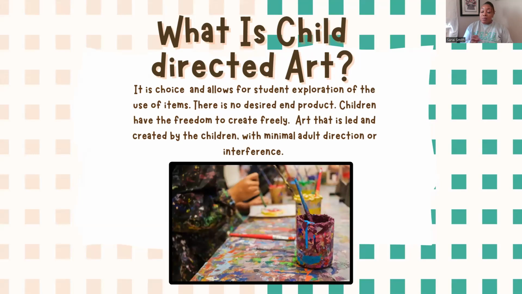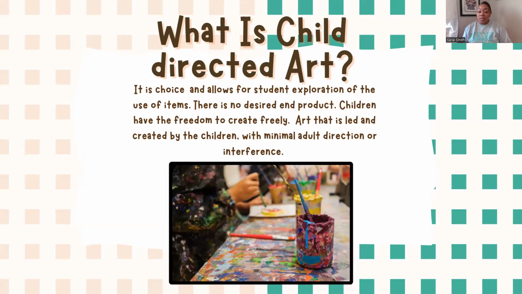Now, when it comes to the minimal portion, that can be explained in different ways. For instance, the butcher paper, the glue sticks, and the cut up construction paper and tissue paper is something that has minimum adult direction. Why?